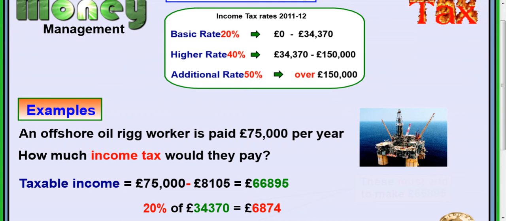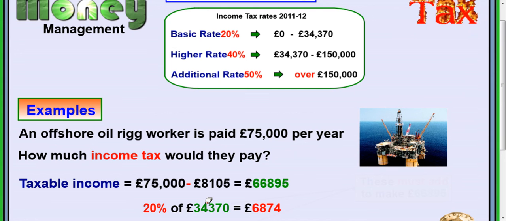Now this amount, the 20%, if this value here is over 34,370, it will always be 20% of this value. And if that value changes, say it was in the year 2013 or 2014, again, if the amount here is greater than this amount here, you will always take 20% of this amount first.